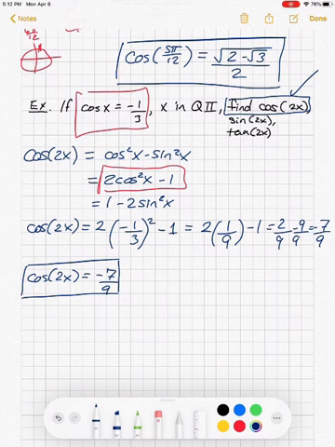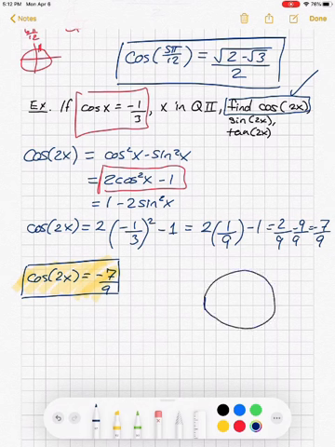So one thought would be, what if I construct a triangle according to this information? So a triangle for the angle 2x. I'm just thinking, I wonder if I could figure out what quadrant that I should place this triangle in.